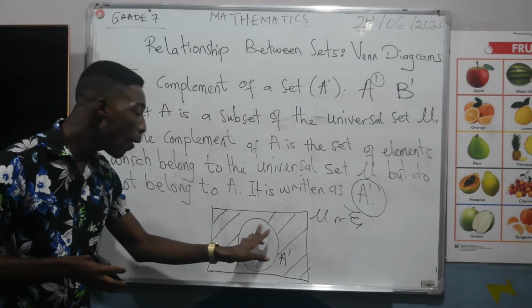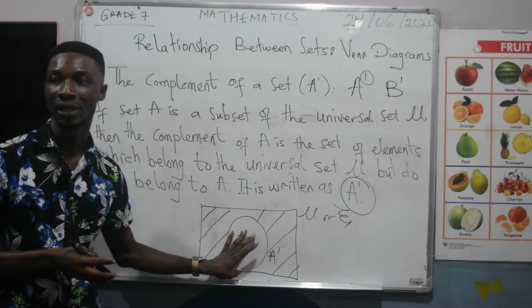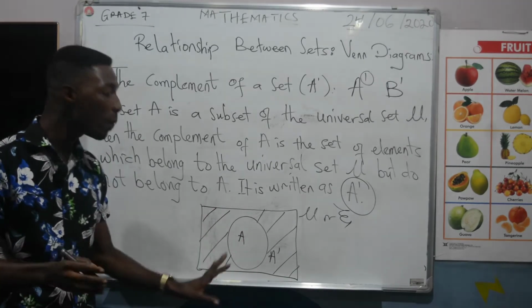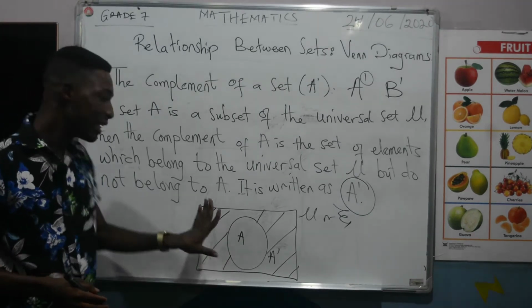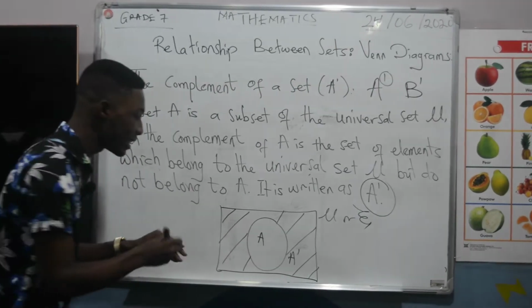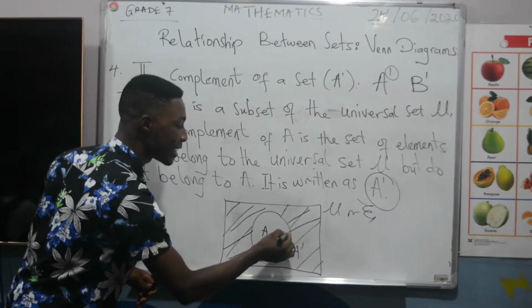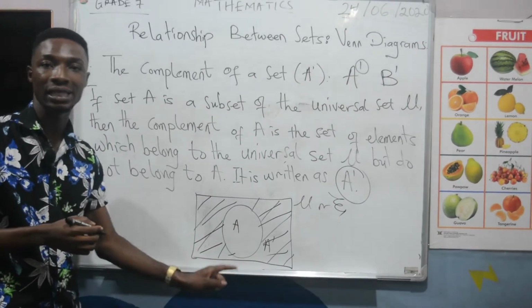You put all the elements of set A inside the circle. Any elements that do not belong to set A will be written outside the circle, but inside the rectangle. So the space outside the circle, but inside the rectangle, is also a set that represents the complement of set A.